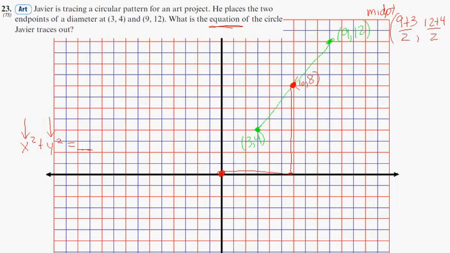So at least one thing that we know with confidence is that our equation looks like this. X minus 6, remember it's opposite always. The sign is always opposite of the direction you go when you're translating. So because we went 6 units to the right, it's minus 6. Then we have plus y, and then it went up 8 units, so we go minus 8 squared, right? Okay, so that's cool.